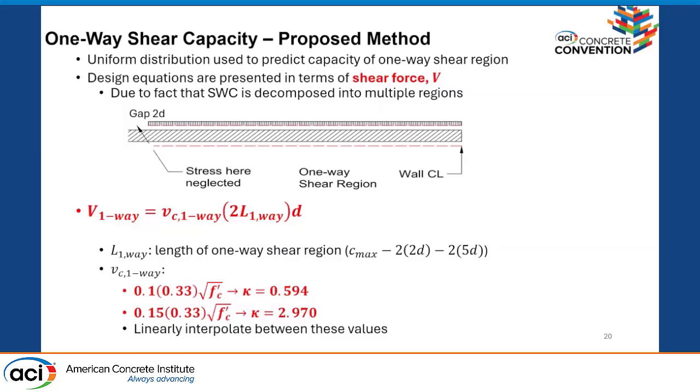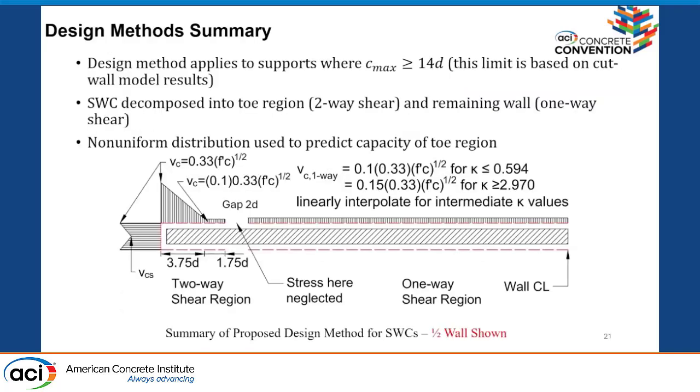So when kappa goes up, you have slightly more strength in this one-way shear region. And this is the slide which I don't expect you to memorize, but this is the whole method altogether: the toe region and the one-way shear, so two-way shear and one-way shear with the gap in between.